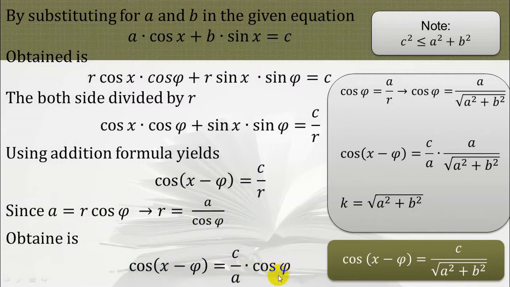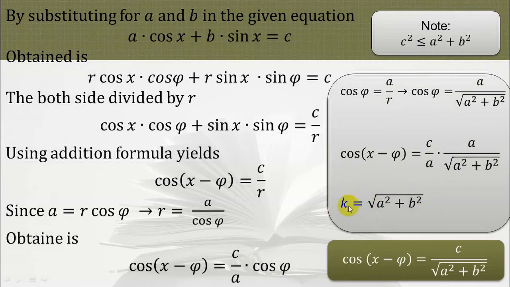We want to change the a cosine p to be a over the square root of a squared plus b squared. So we can cancel the numerator and denominator which have the same a, and then the square root of a squared plus b squared is equal to k, everyone.